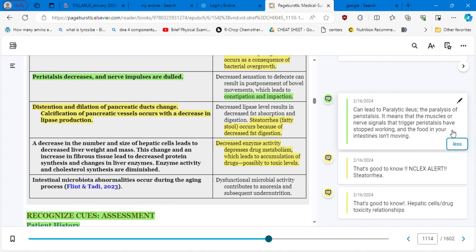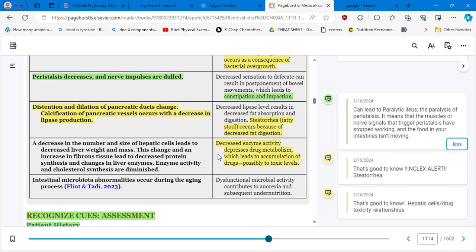It means that the muscles or nerve signals that trigger peristalsis have stopped working and the food in your intestines isn't moving. Okay, let's go back to steatorrhea, which is fatty stool, occurs because of decreased fat digestion.